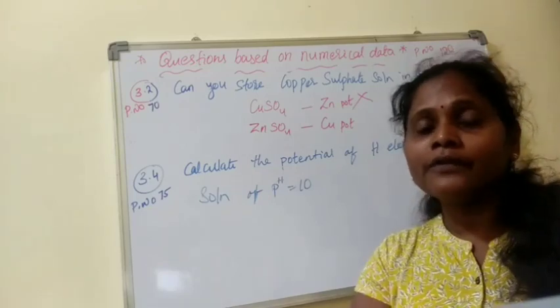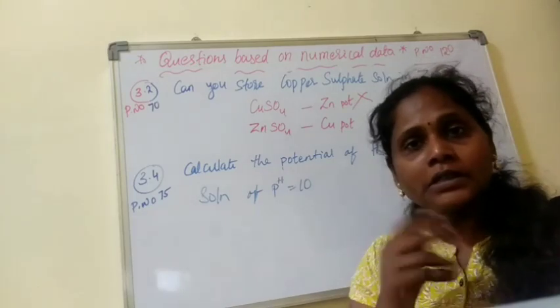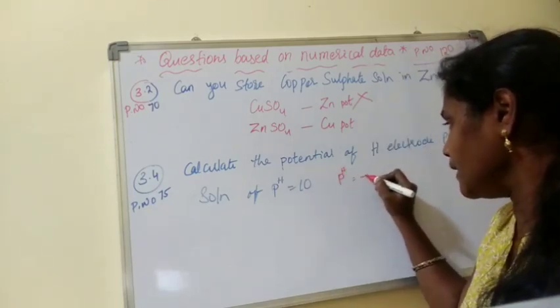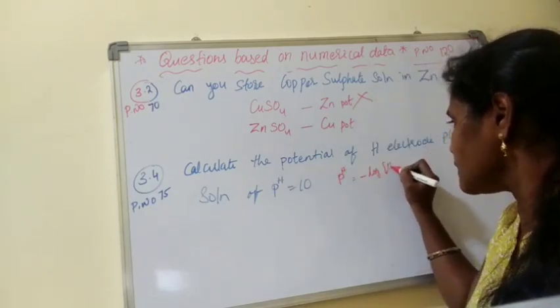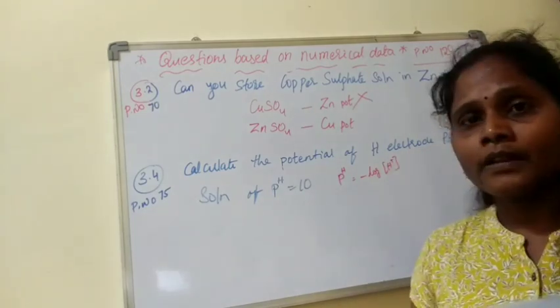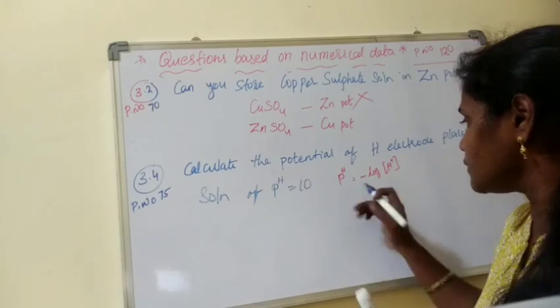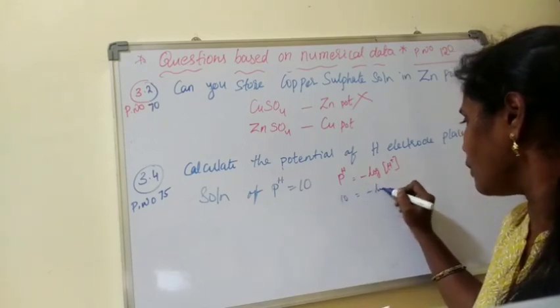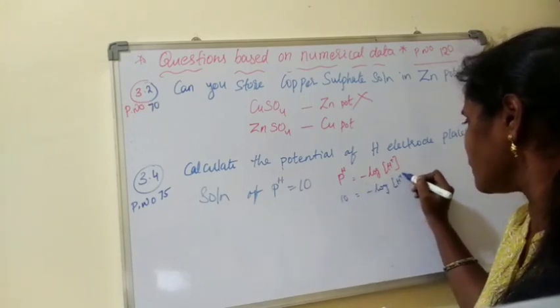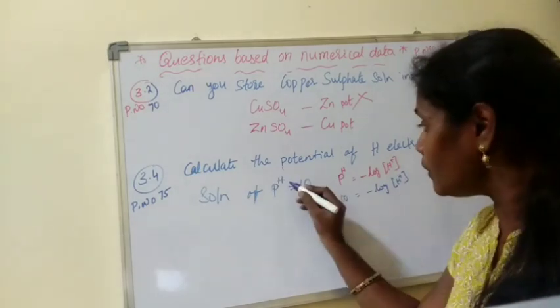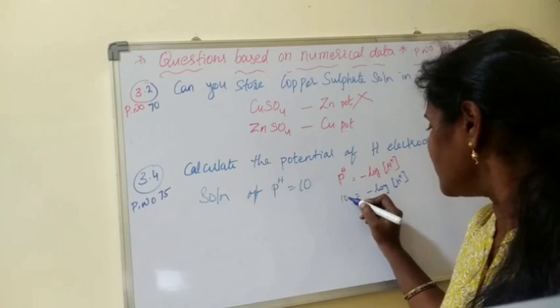So pH is indirectly given as the concentration of that solution. You have to convert the pH into concentration because you know that pH is the negative logarithm of H plus ion concentration, right? So pH equals 10 means 10 is the negative log of your H plus ion concentration, so take the antilog.